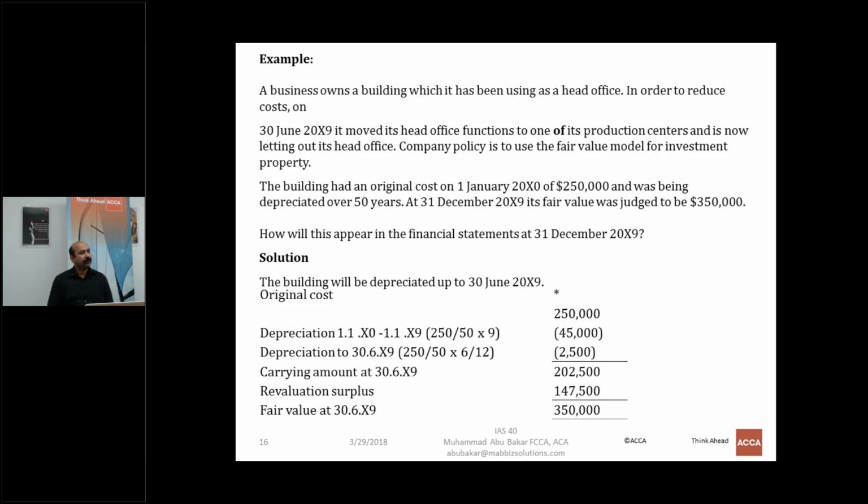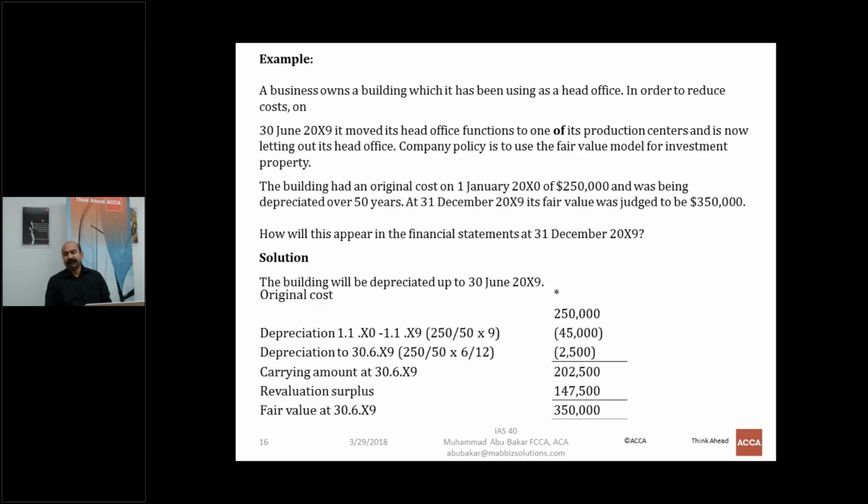Mr. Beg is asking, please clarify the fair value model exception when it cannot be measured reliably for one investment property. Then will this be valued on the cost model and the other investment properties on the fair value model?